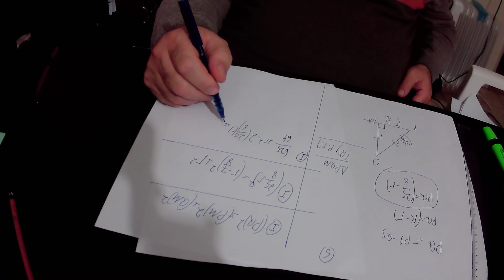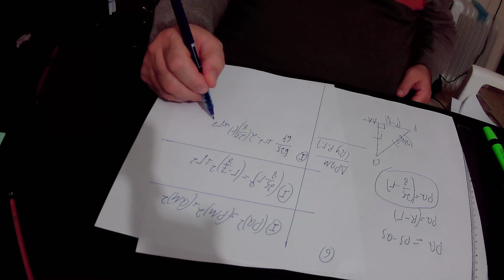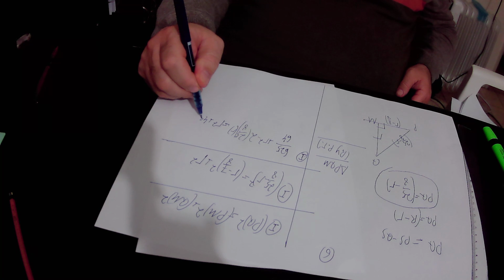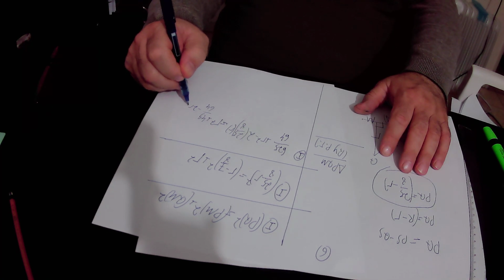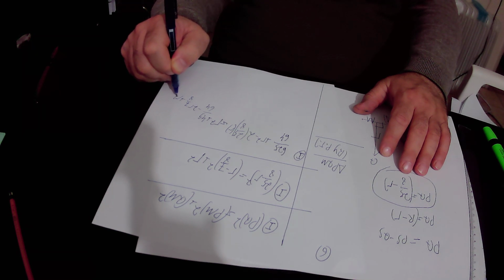Here we'll get that (r minus 7h) squared equals r squared plus (7h) squared, which is 49 over 64, minus 2 times r times 7h plus r squared.